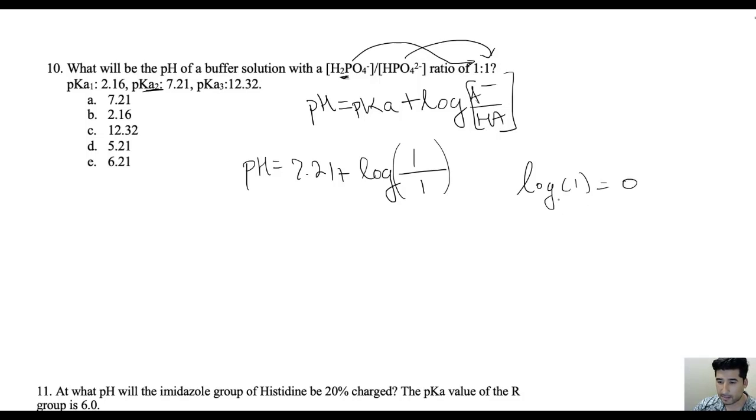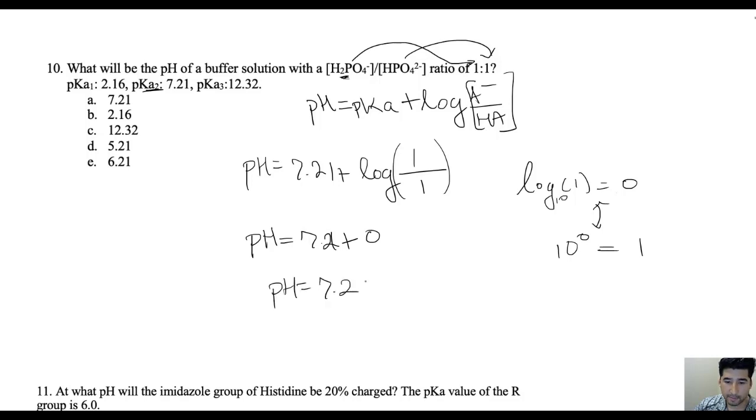The reason for that is because when you raise 10 to the 0th power, you get 1. So there's an inverse relationship. So your pH is equal to 7.21 plus log of 1, which is 0, so therefore your pH is 7.21. Good job if you got it.